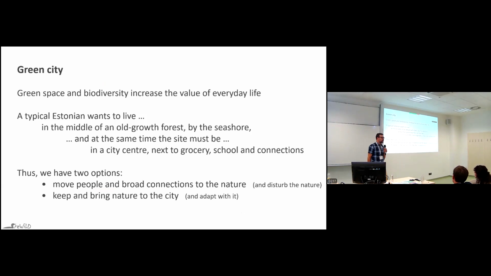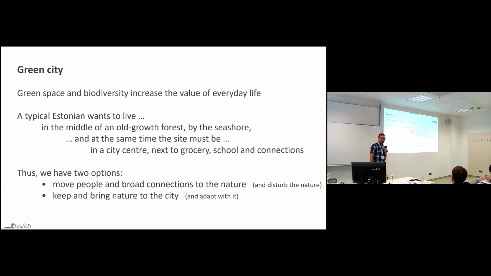Green city. As we know well, this greenness and biodiversity increase the living quality for people, and most people prefer to have some nature in their everyday life.